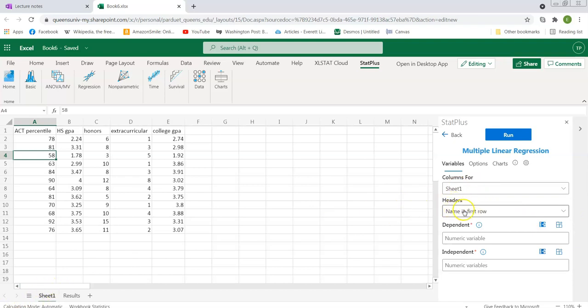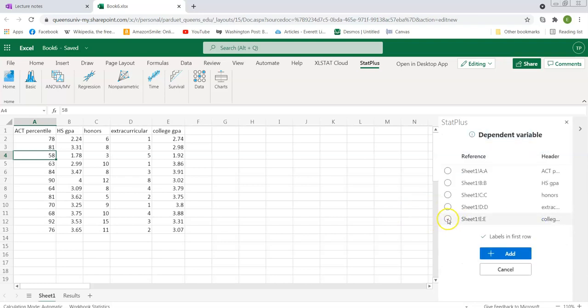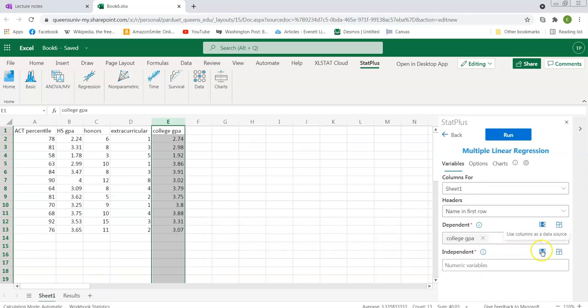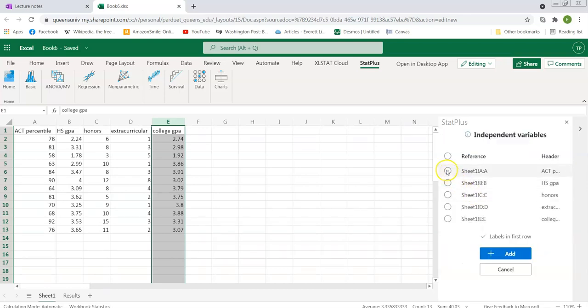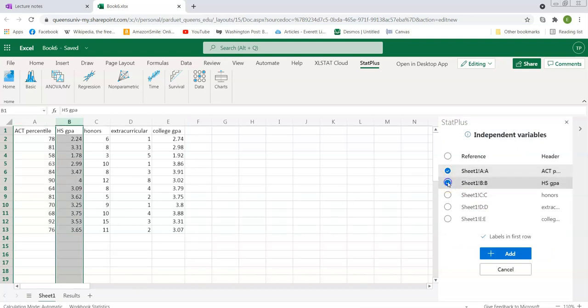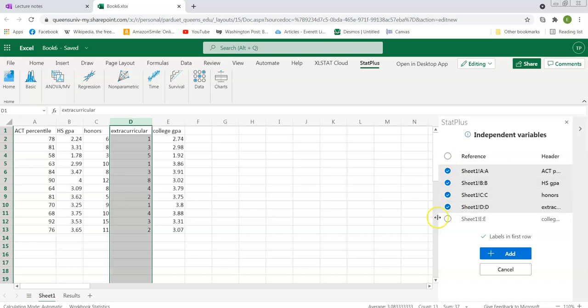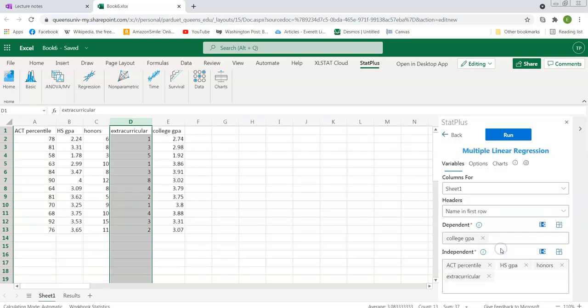We do have variable names in our first row. Our dependent is still college GPA, and for our independent, we can check all of these other variables and put them in the model at one time. You click Add to put all those in there and run.